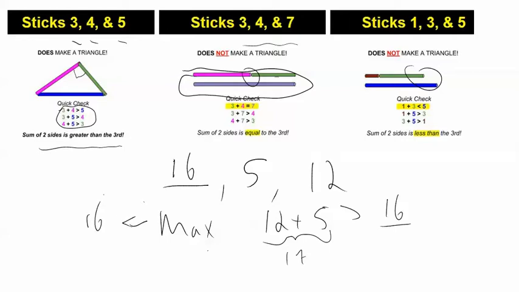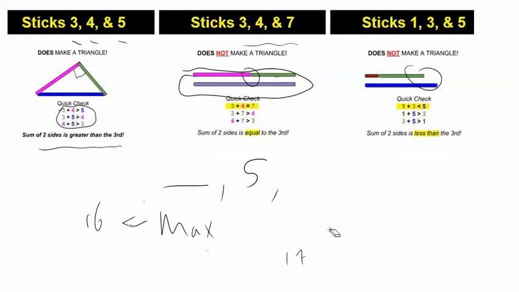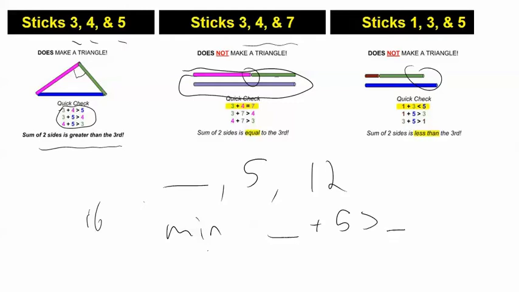What's the minimum though? Okay, the minimum, I take my same idea again. For the minimum, I'm going to say that something plus 5 has to be greater than 12.